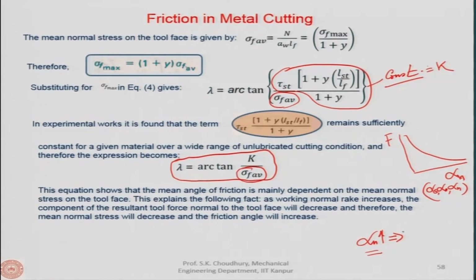So Fn will decrease, therefore sigma F average will decrease, and therefore lambda will increase, because it is inversely proportional. Friction angle will increase. So ultimately, as alpha n is increasing, the lambda will actually decrease.